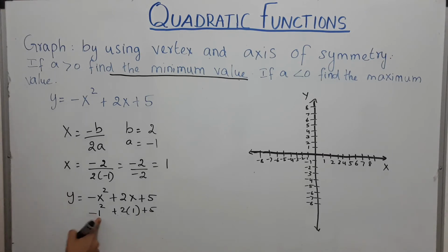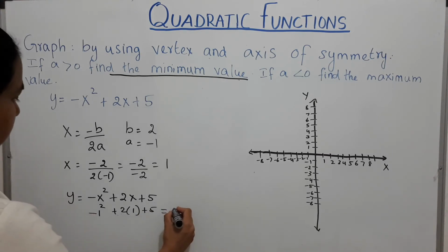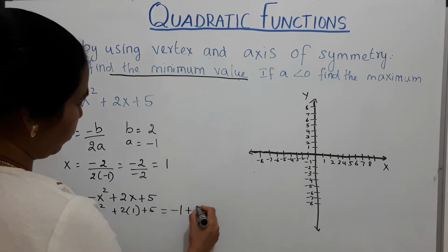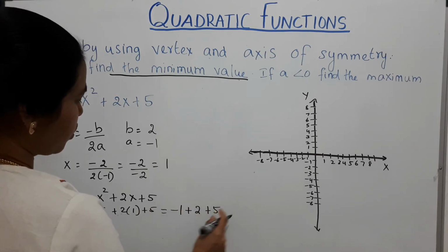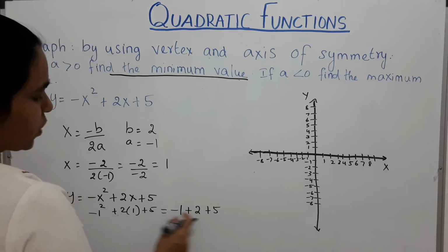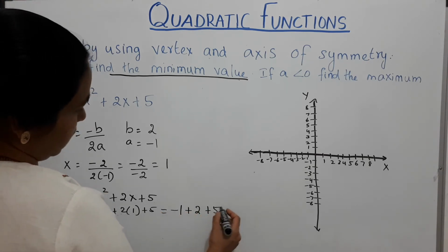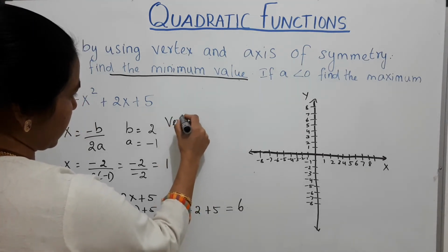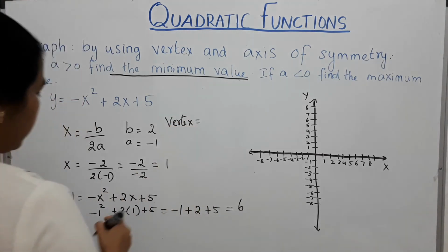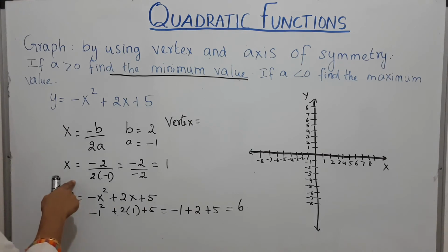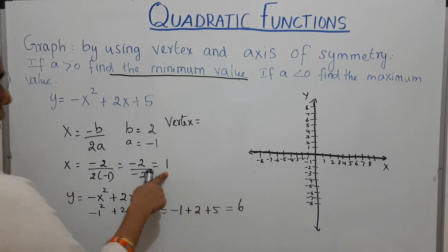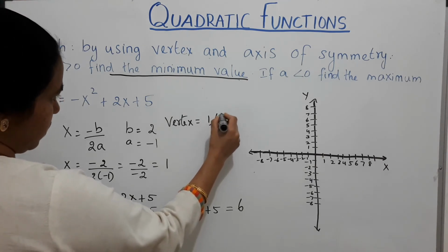Minus 1 squared will be minus 1, and 2 times 1 will be 2, plus 5. So 5 plus 2 is 7, 7 minus 1 will be 6. Okay, so now the vertex is, 6 is the y value and 1 is the x value. So 1 and 6.